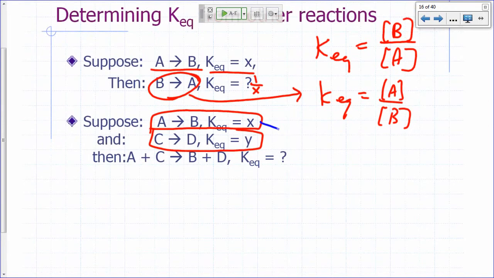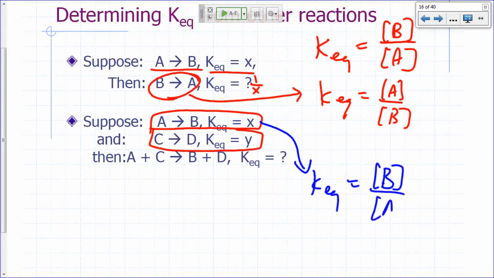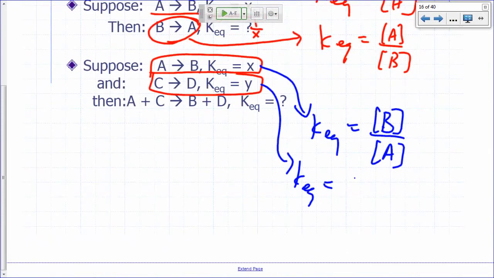Well, let's see. KEQ for the first one is B over A, right? What's the KEQ for this second one? It's going to be D over C, right? Products over reactants. What's the KEQ for this overall reaction?